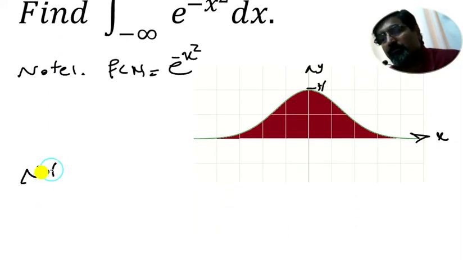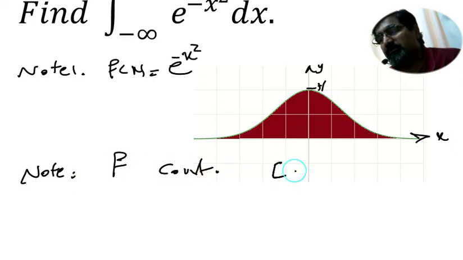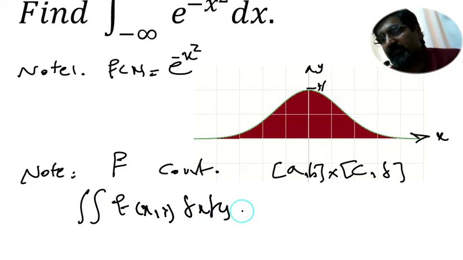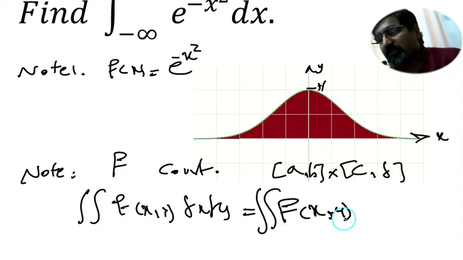Note 2: If f is continuous on the rectangle [a,b] cross [c,d], then the double integral of f of x and y dx dy equals the double integral of f of x and y dy dx.